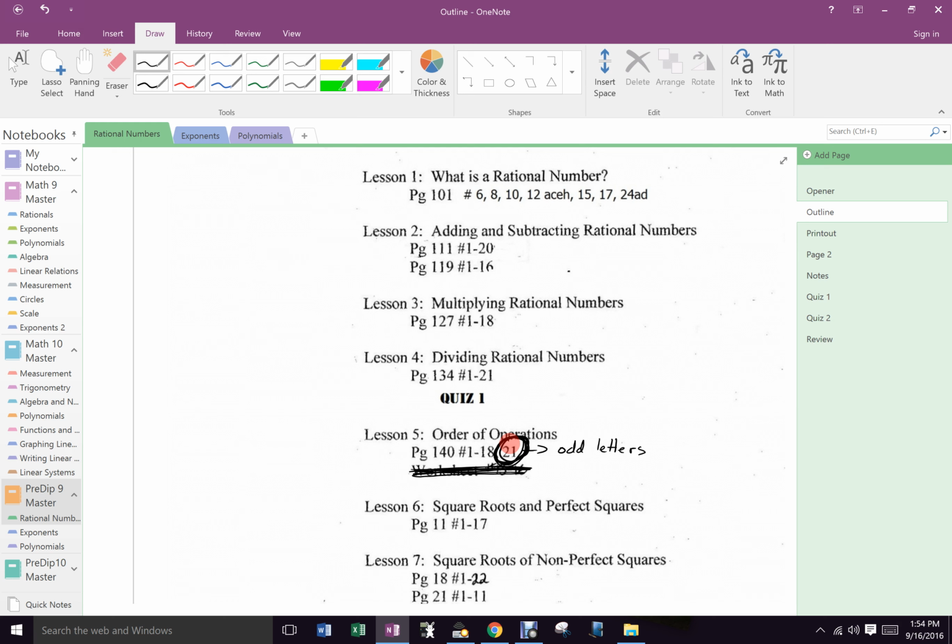Now, when you open up to page 140, you will see that number 1 and 2 are not really math questions. But I still want you to read them, think about them, and be prepared to discuss them on any given day.